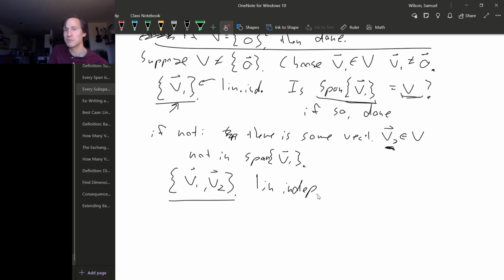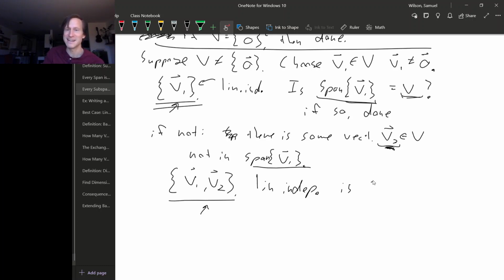And that's exactly what we did here, right? We started with a linearly independent set, just V1. We picked one more vector, V2, that isn't in the span of it, and added it into our collection of linearly independent vectors. We get another collection that's linearly independent. All right, so now we have this bigger collection that's linearly independent.